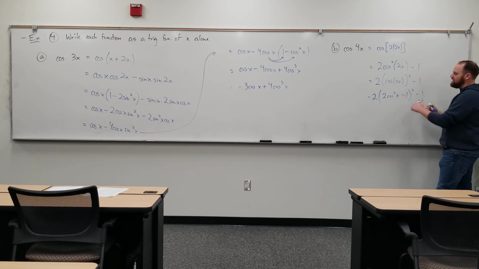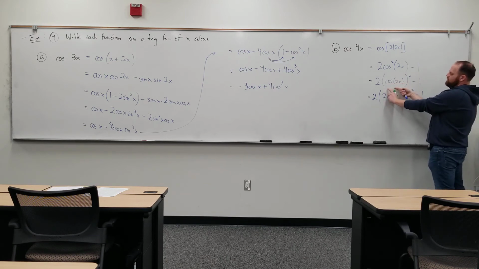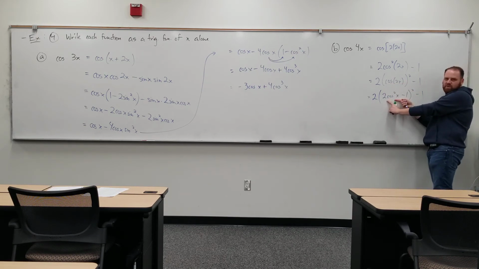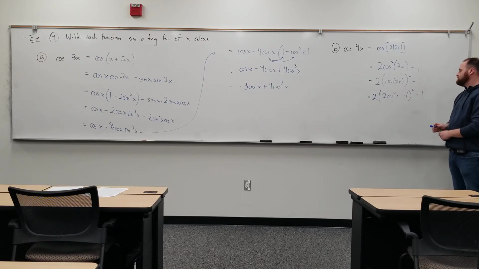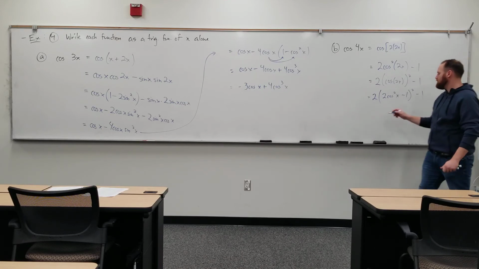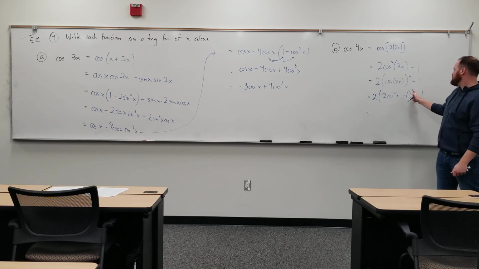Okay, does everyone see that? So the cosine 2x became 2 cosine squared x minus 1. Okay, so I'm going to square this value now.